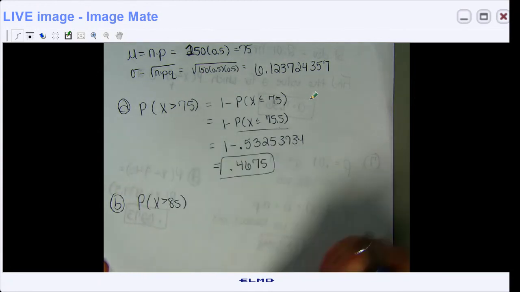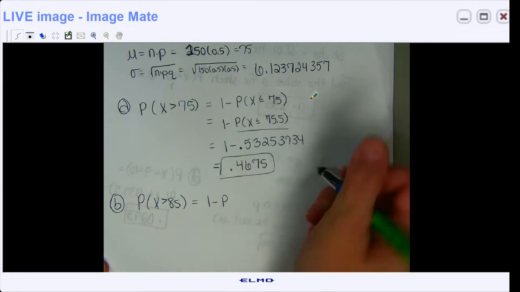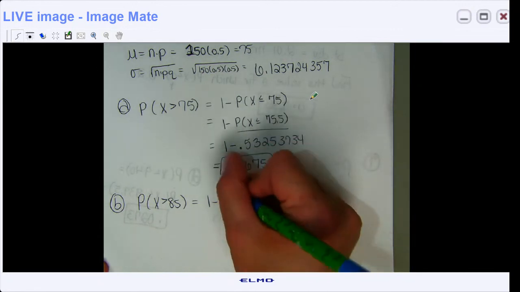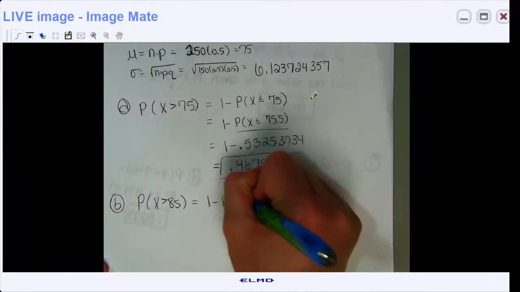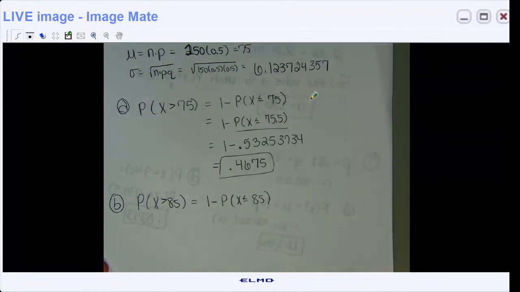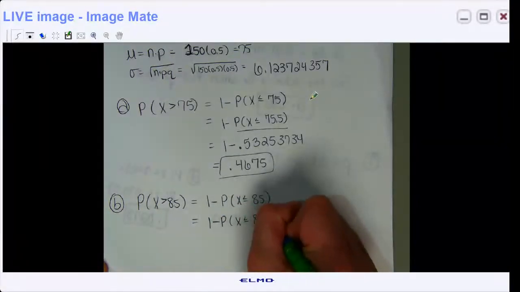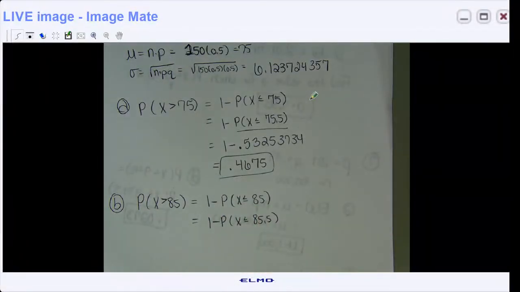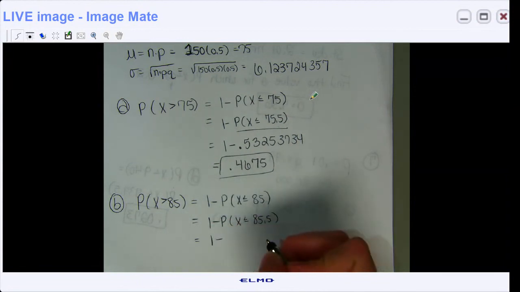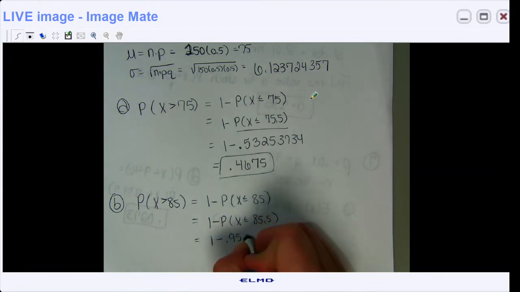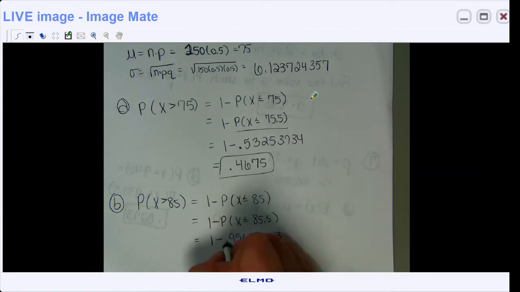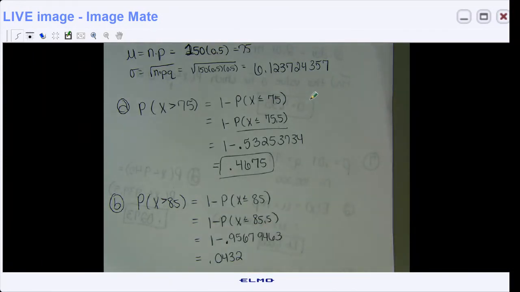So the probability of more than 85 means we are working out 1 minus the probability that x is less than or equal to 85, which means what we put into StatCrunch is less than or equal to 85.5, which gives us 95679463 with an actual probability of 0.0432, or about 4.3%.